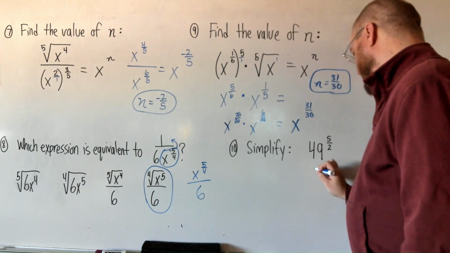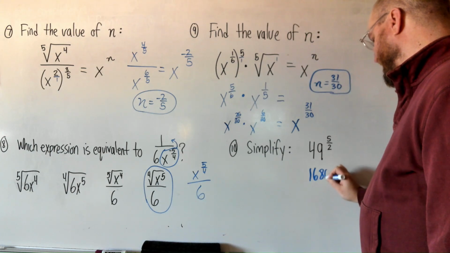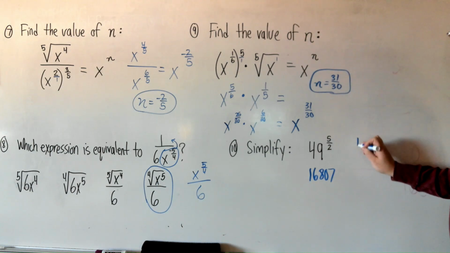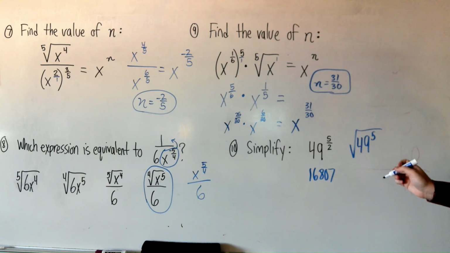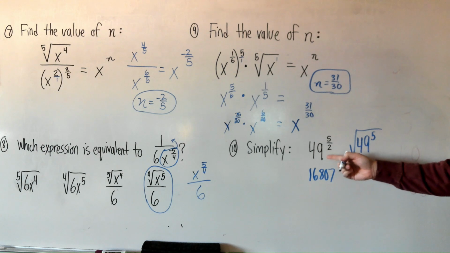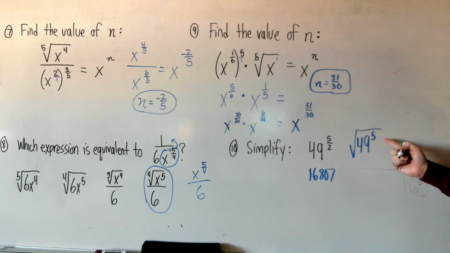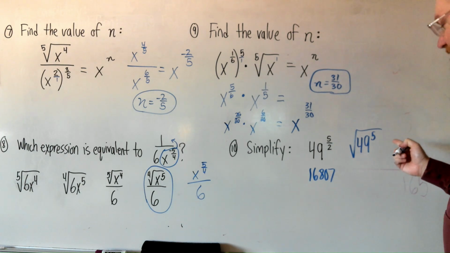But what does this question actually mean? This means 49 raised to the 5th and then square root it, right? So if you're not sure how to do that on your calculator, maybe you need to type it that way.